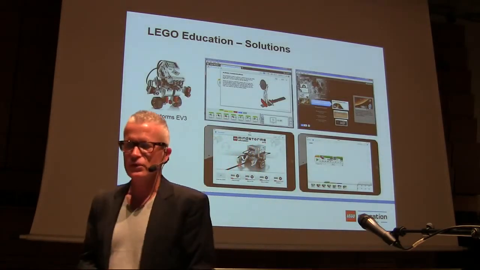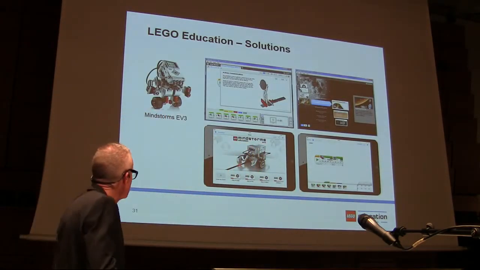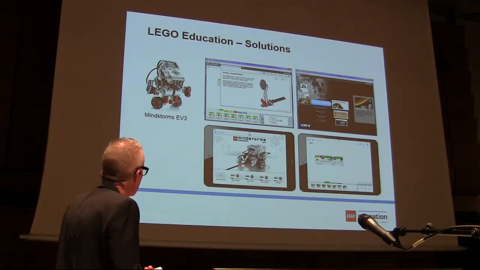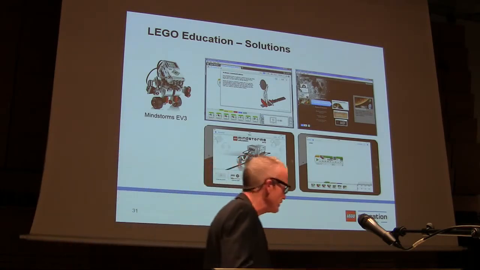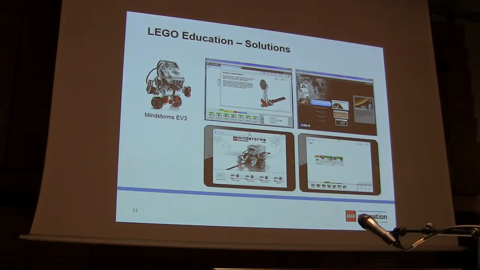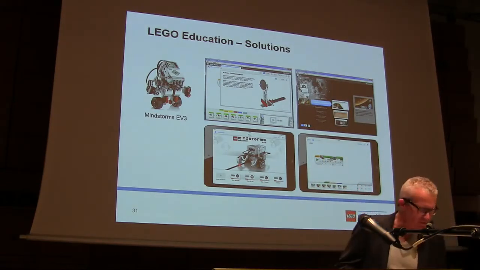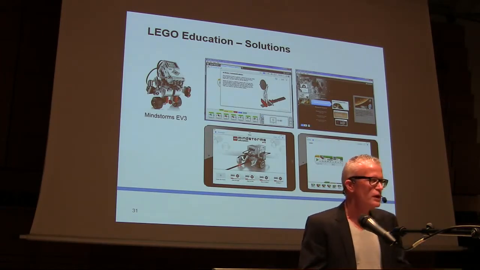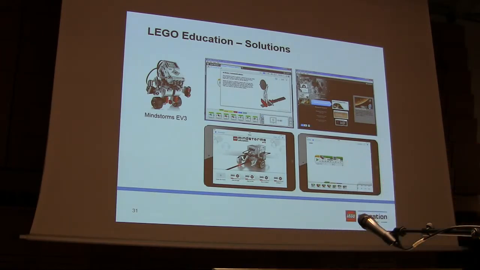Mindstorms is primarily used where you can go out in space. You can challenge yourself around science. You can build a path that you need to follow. You can have sensors that can distinguish between colors and things like that.